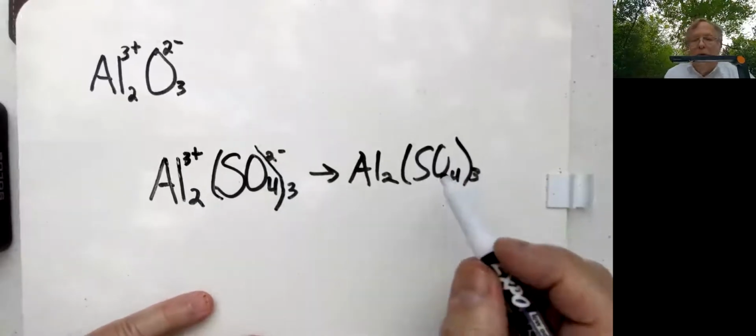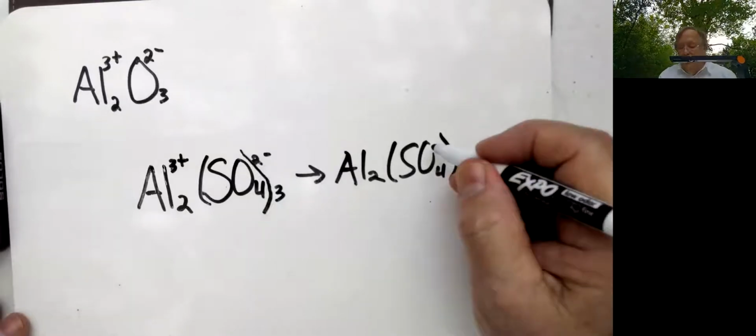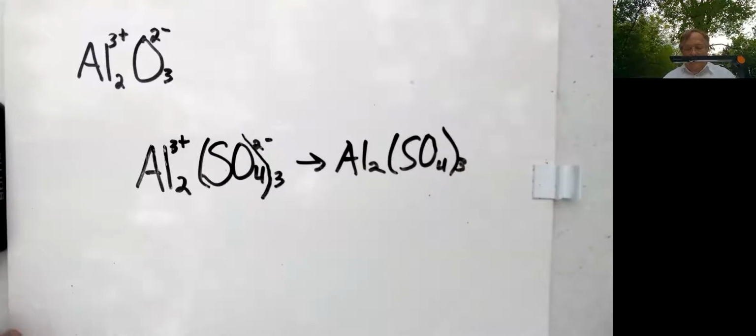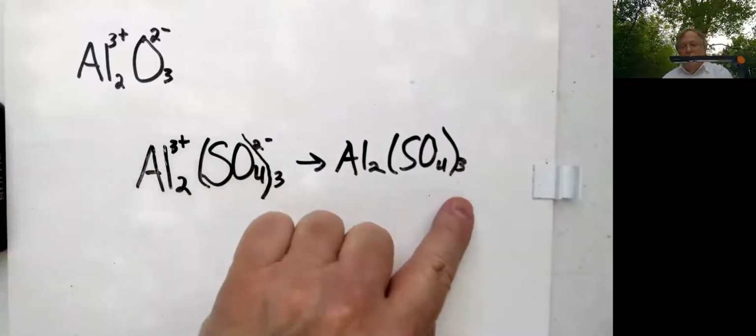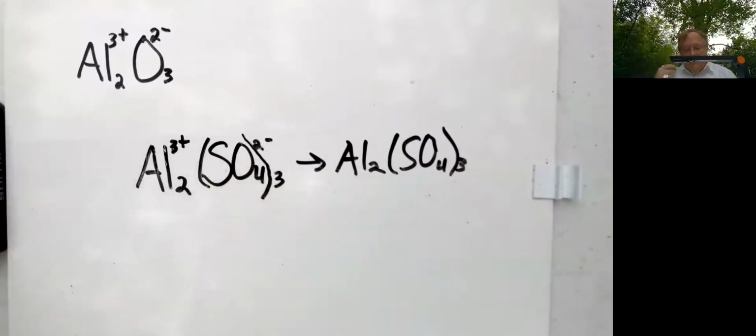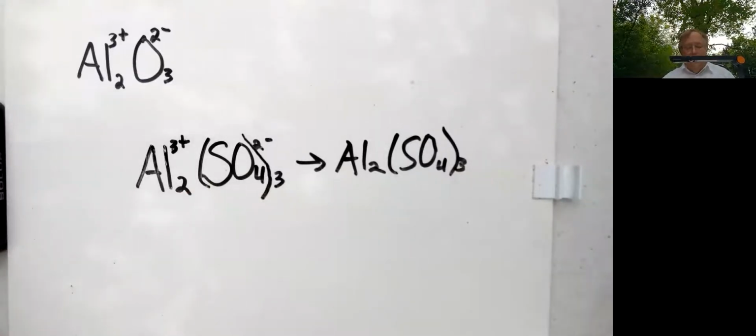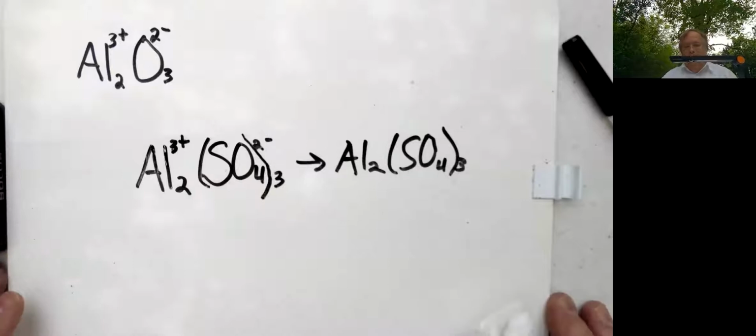Formal writing doesn't usually include the charges after you get the formula, but you can pretty much do what you want to. In that case, you can leave them there if you want to, or clean up your formula. Just be careful and get your subscripts written the same way. All right.